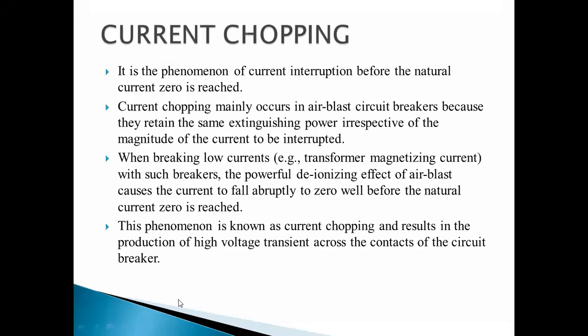So here what happens? Suppose here this is your natural current zero, and here it is the restriking voltage. Now there is the recovery voltage. So what happens in current chopping?